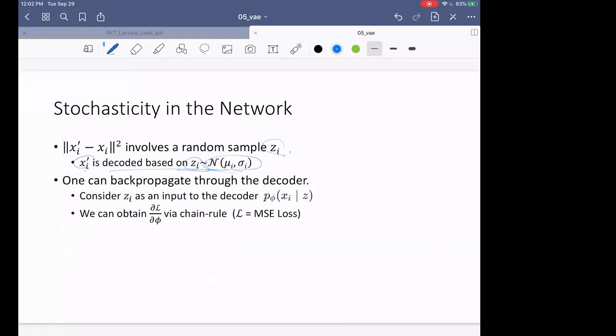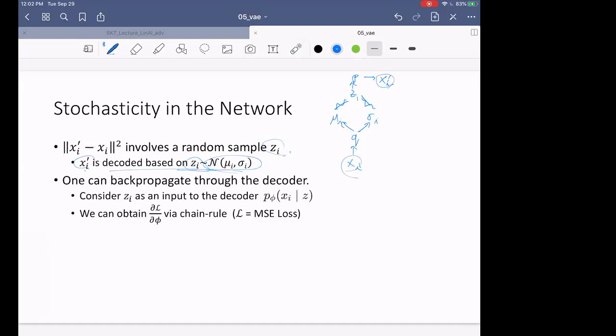So I'm going to draw a picture here. There's x i, and then there's q, and you have mu i, sigma i, then there's a sample z i, then you put it through p, and that becomes your x prime i, right? So given x prime i and x i, you can backpropagate through the decoder.